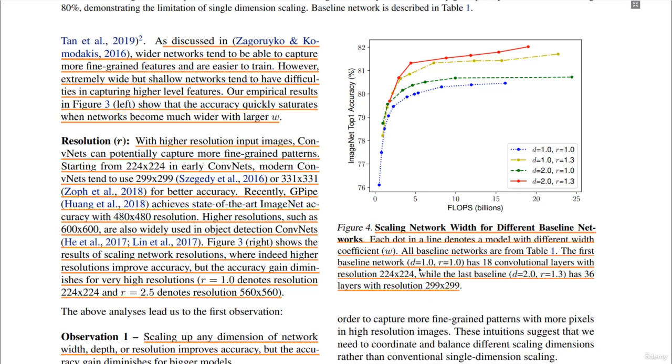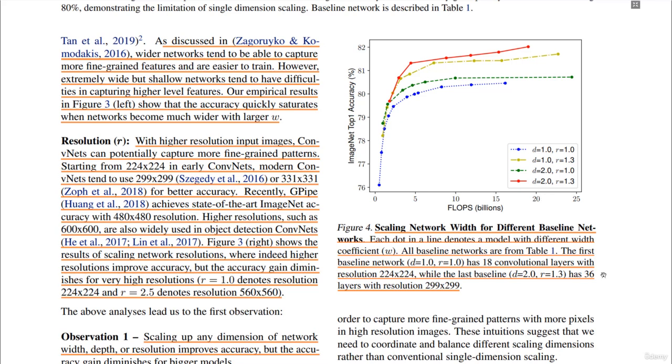When we talk of depth of 2.0, it is with respect to a base model. And as it said here, the first baseline network, that is when D equals 1.0 and when R equals 1.0, has 18 convolutional layers with resolution of 224 by 224. While the last baseline, that is when the depth is 2.0, it means we multiply this by 2.